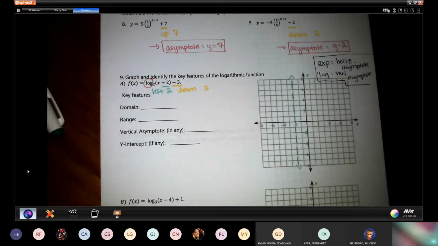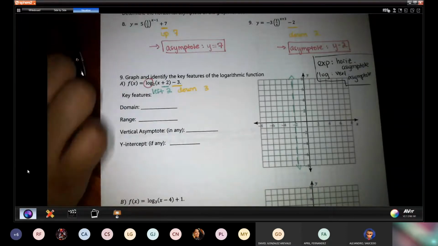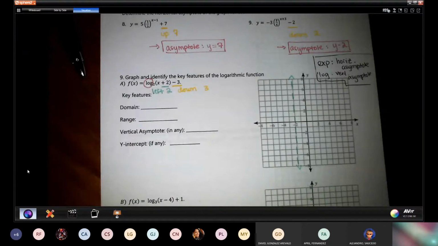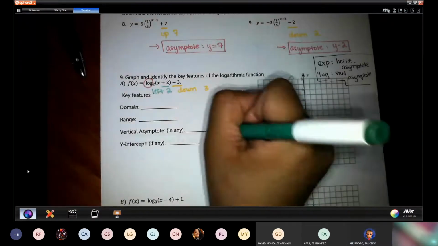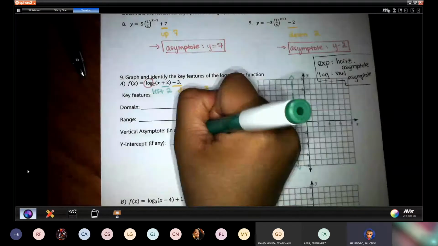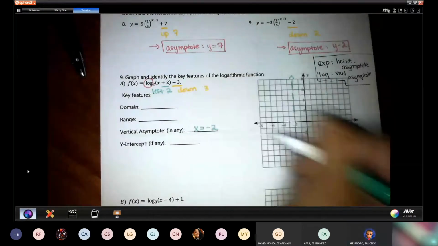That's something you need to remember. So here we have a vertical asymptote because it's a log, and that comes from this left 2. So our vertical asymptote, if we wrote it as an equation, would be x equals -2, okay?